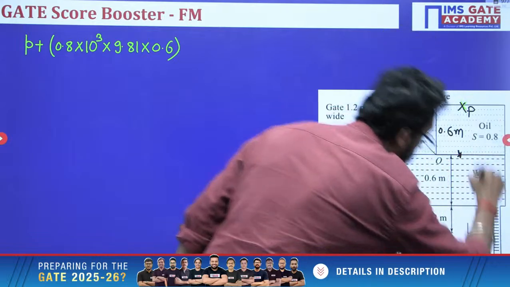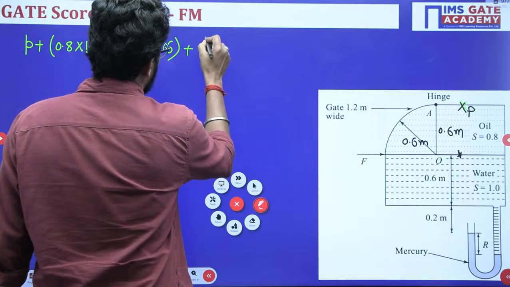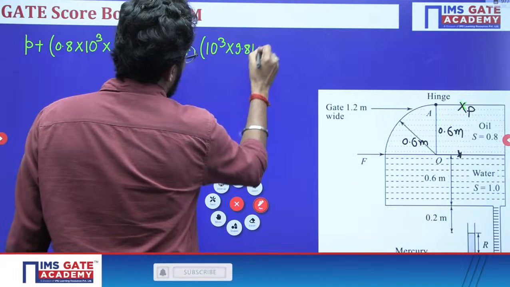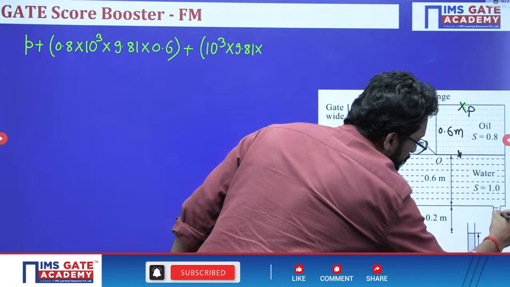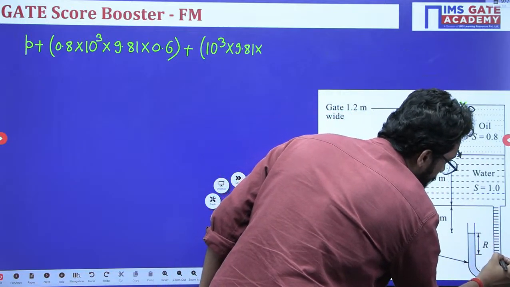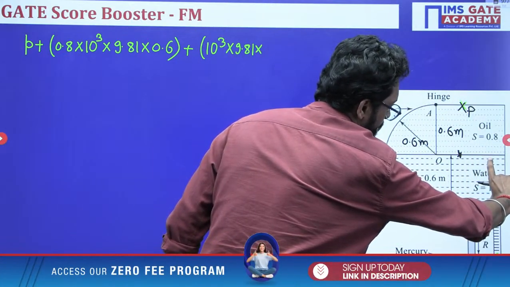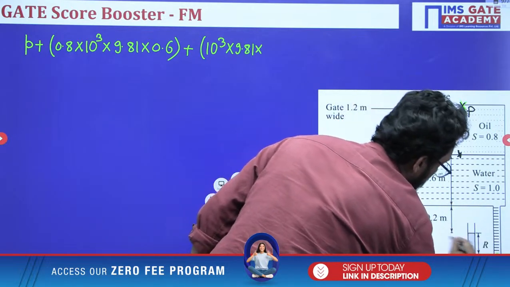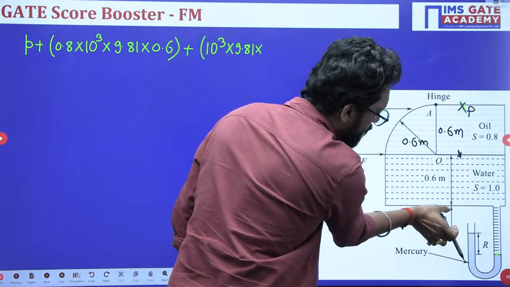Now again move down in water, plus water density 10 to the power 3, 9.81, into this height. Throughout it is water. So up to this height, rho g h. H is what? 0.6 plus 0.2 plus r. R is given as 0.6.